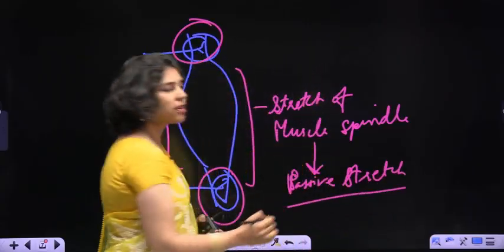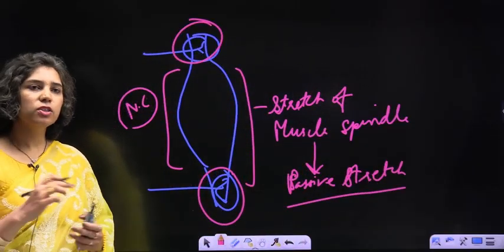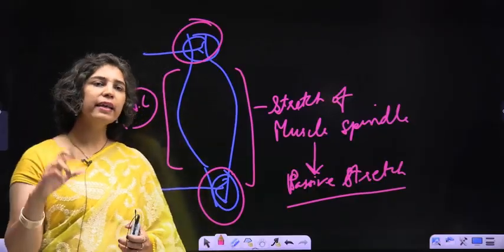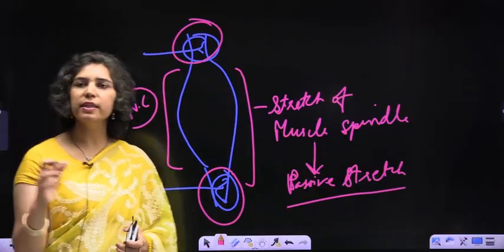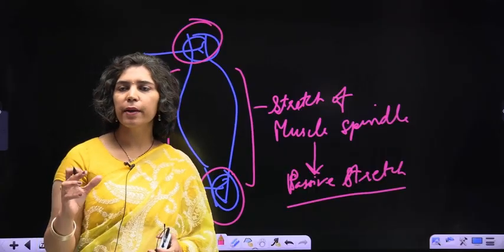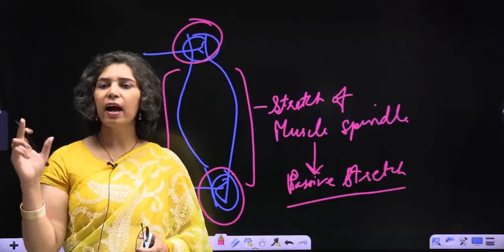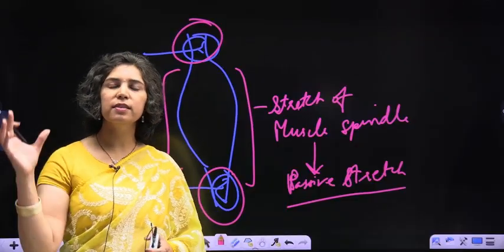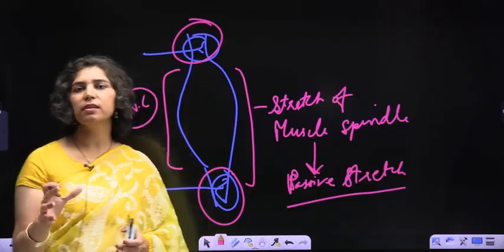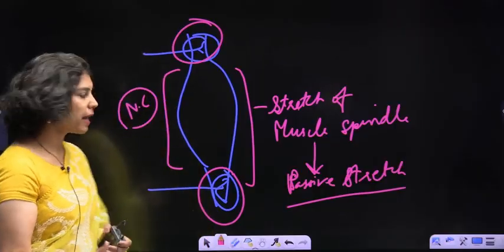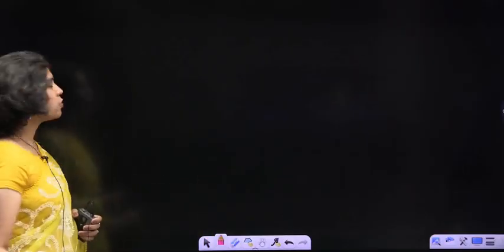And once the extrafusal fibers undergo stretching, impulses travel via 1A and type 2 fibers and reach the integration center. From the integration center, the efferent nerve fibers via alpha motor neurons reach the extrafusal fibers and there is contraction of the entire muscle. So that is the main mechanism behind this stretch reflex.